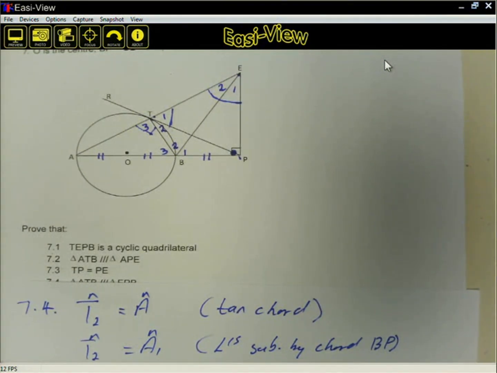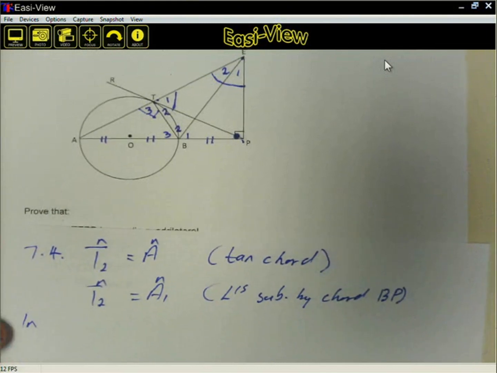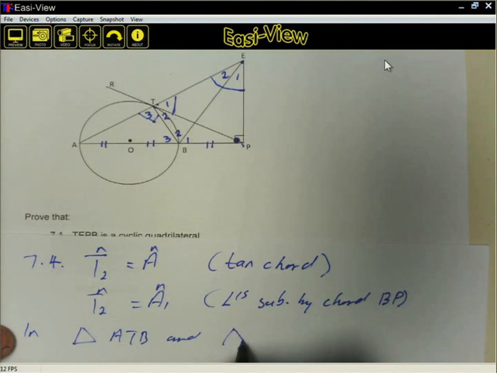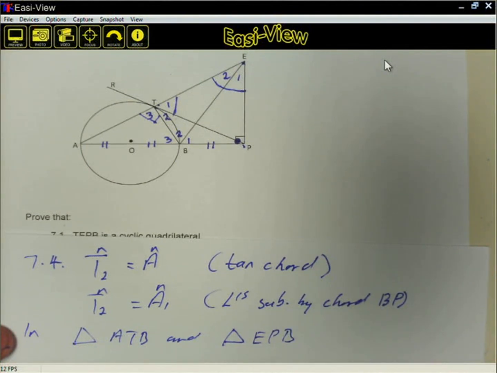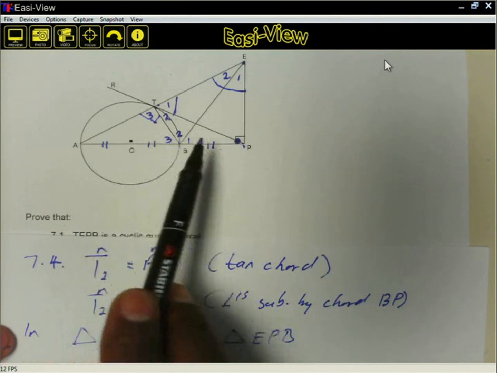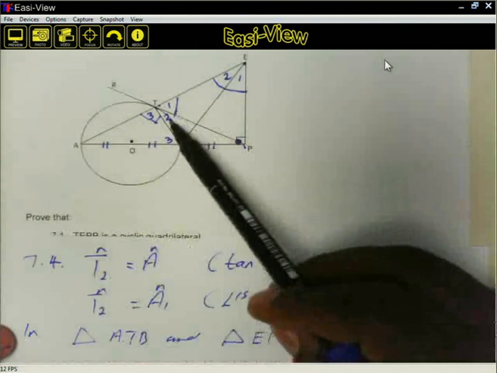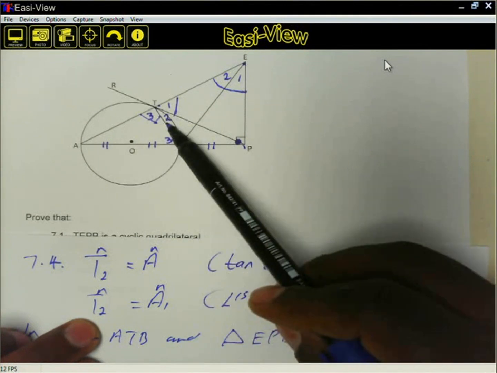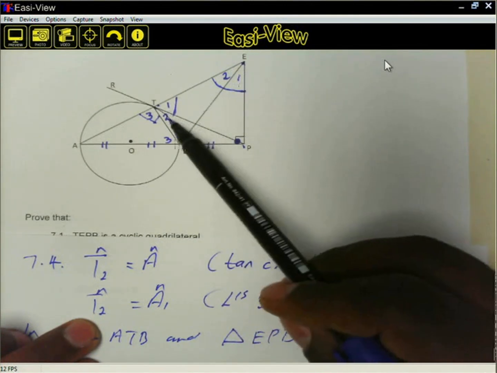Now we start. Let's work out in the two triangles. Let's focus on triangle ATB and triangle EPB. Number 1. This is the information that we have just proven. T2 is equal to A. Look, T2 is common.